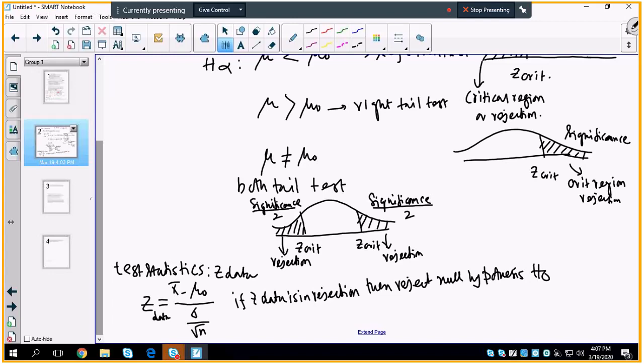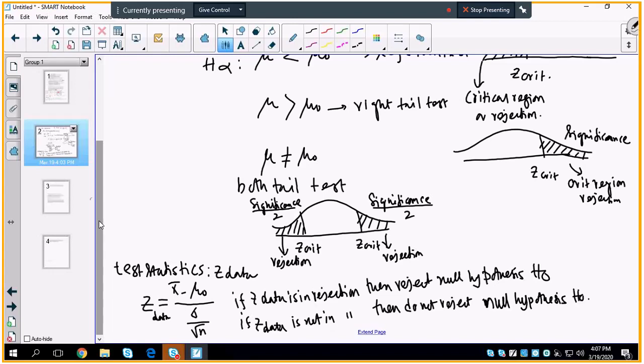If Z data is not in the rejection region, then do not reject the null hypothesis H naught. So that's the basic way for doing the testing.